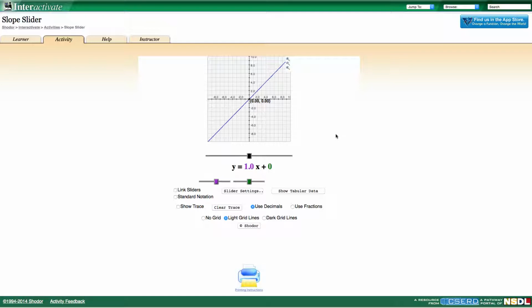So what you want to do is take a look at the activity. You've got this set up so that you can look at the values for y equals mx, where the b value is set to 0. And the first thing it tells you to do is move the slider so that m equals 2. So I grab it and click, and I slide it over, and I've got m equals 2.